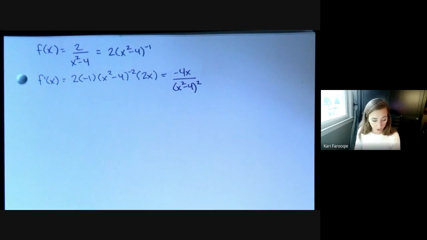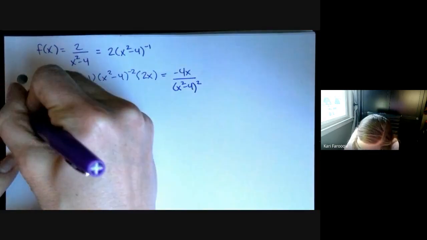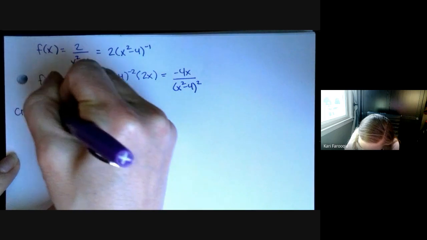Next, I'm going to look for critical numbers. The critical numbers are when your first derivative either equals 0 or does not exist. So I'm going to find places now. So critical numbers. F prime of x equals 0, or f prime of x does not exist.